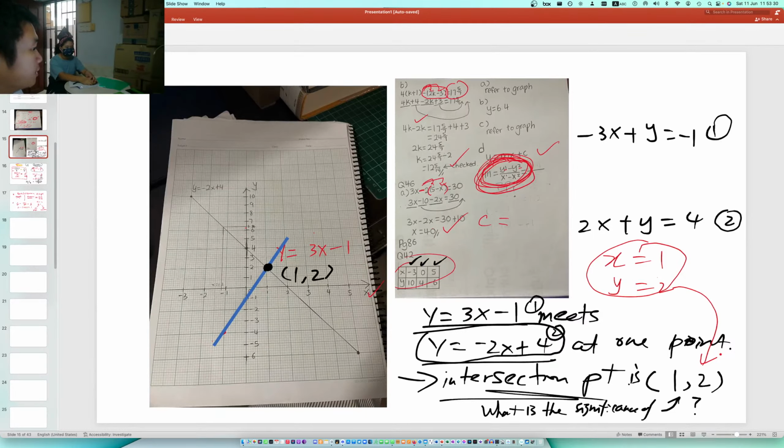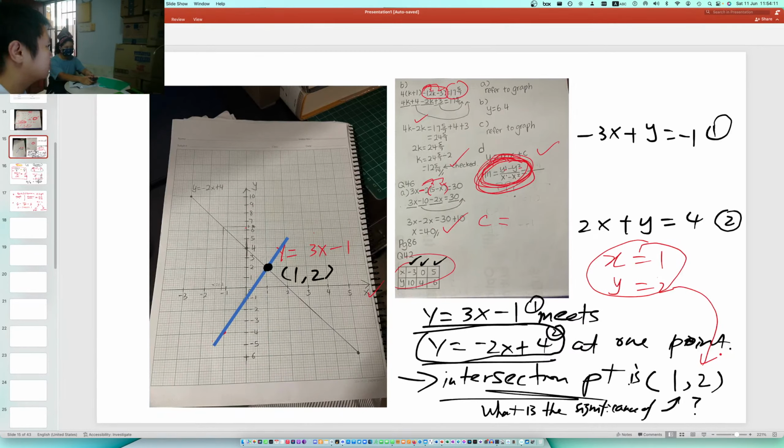Very good. But I want you to see that the simultaneous equation format in your calculator is this, right? Then why must we put it into this format, y equals 3x minus 1, y equals minus 2x plus 4? Why can't we just put it in the calculator simultaneous equation format? Why must we convert it to this format? Or the question is, when do we need to get the equation into this simultaneous equation format?